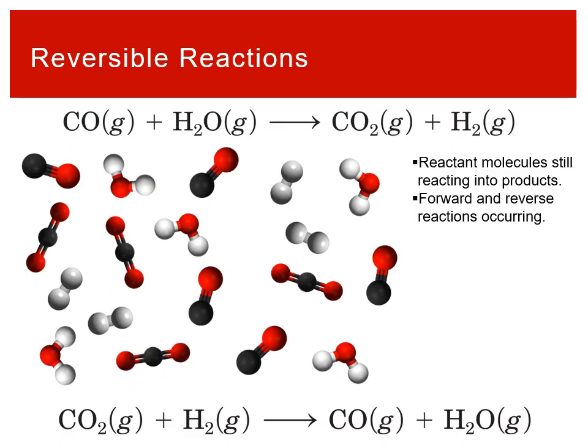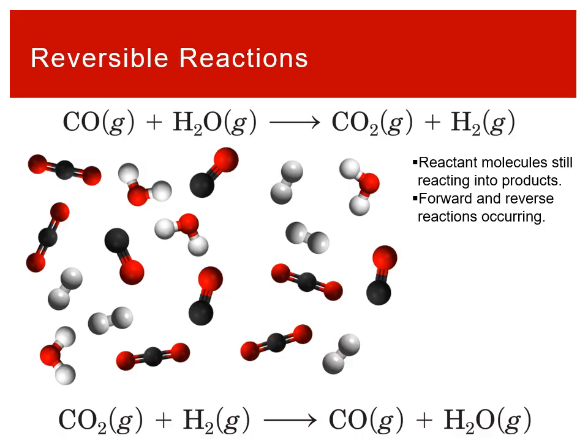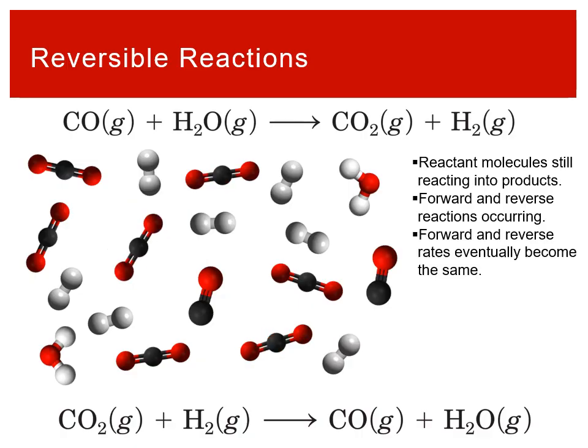And so what happens is you have a dynamic setup where in this reaction mixture, both directions are occurring, the forward reaction and the reverse reaction. It is dynamic. And eventually, you're going back and forth at the same rate.